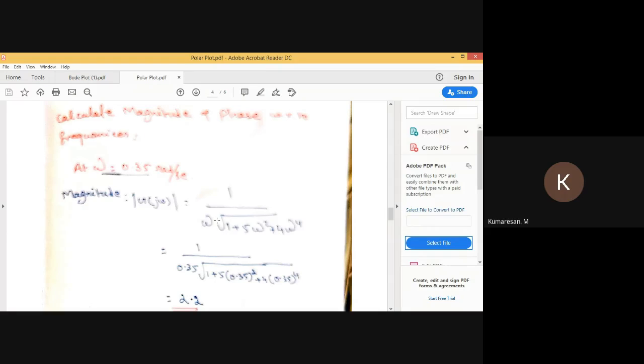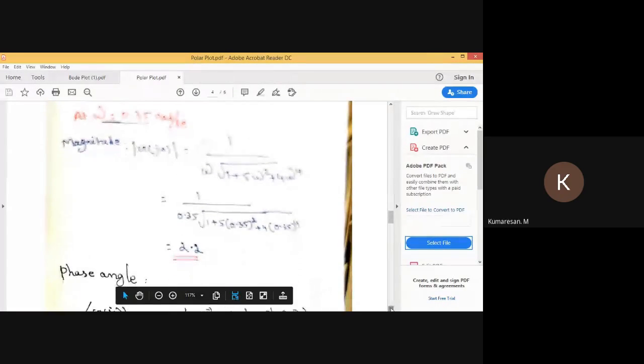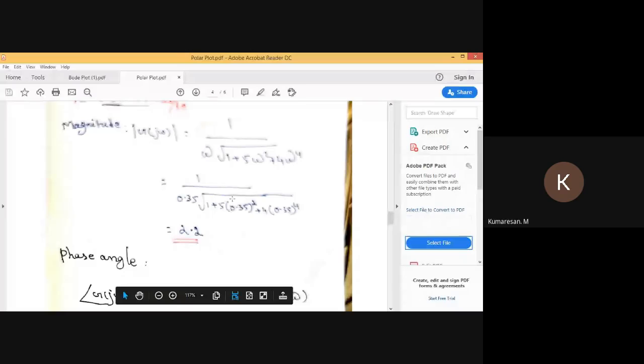Instead of omega we put 0.35. Magnitude equals 1 divided by 0.35 root of 1 plus 5 into 0.35 square plus 4 into 0.35 power 4. Simplifying this, we get the magnitude 2.2 at the frequency 0.35.